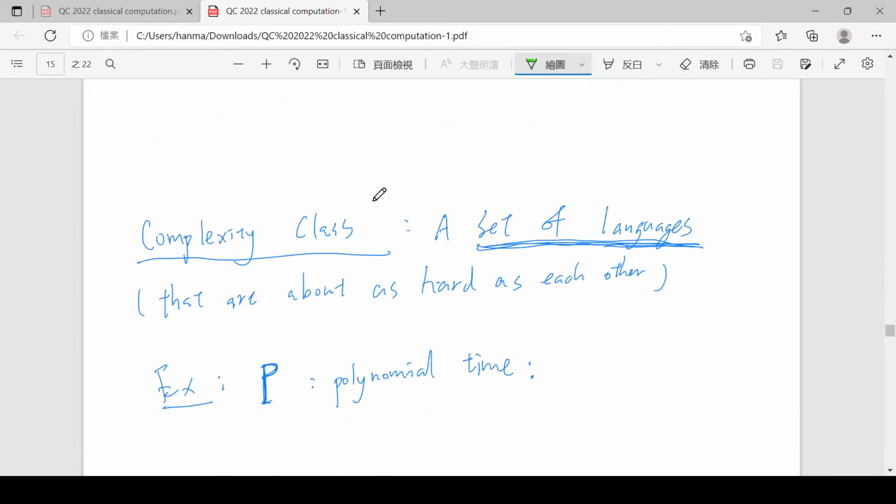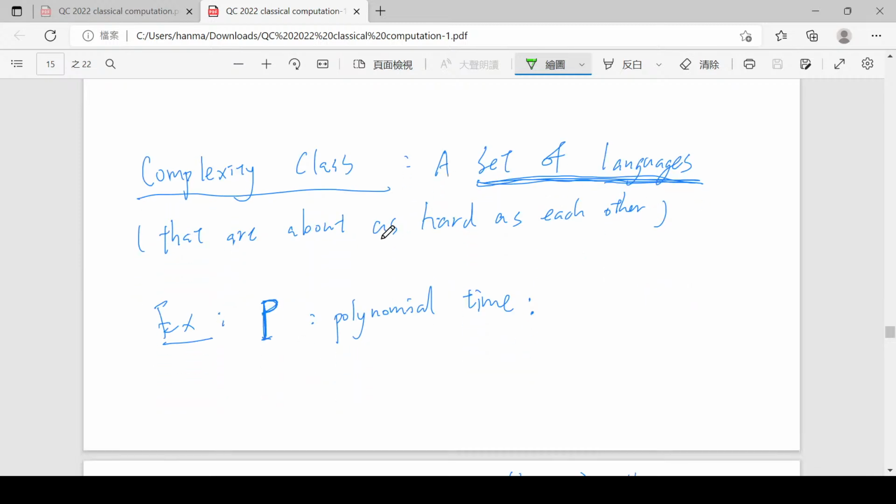Anyway, the intuition of a complexity class is a set of languages that are about as hard as each other. Remember, the languages are basically computational problems. So we want to group a whole bunch of computational problems that we think are about as hard as each other into a complexity class.